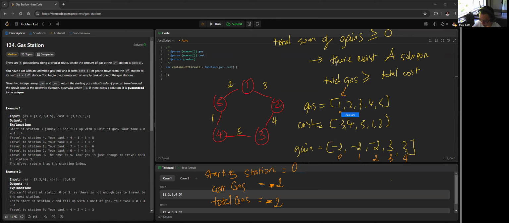with indices 0, 1, 2, 3, 4. Because current gas is negative, it cannot get to the next station. If it cannot get to the next station, there's no point of starting at 0.